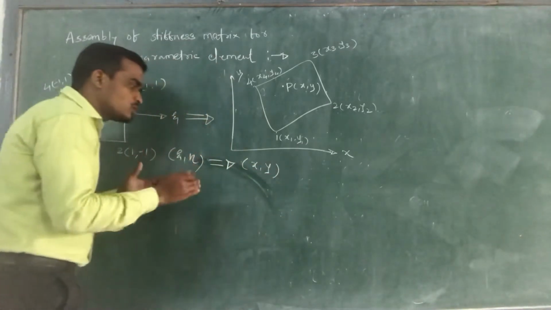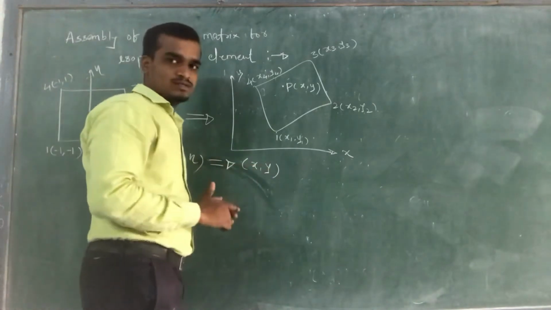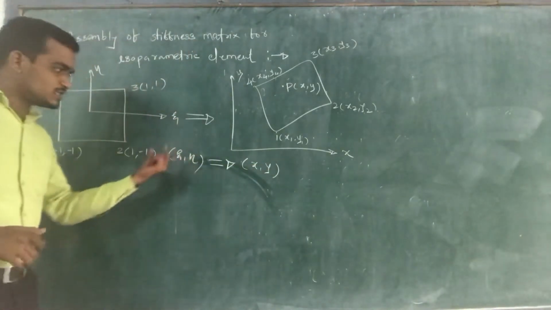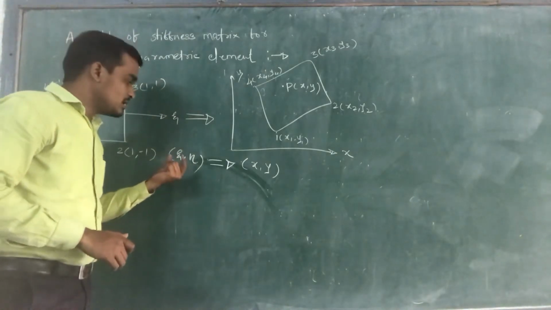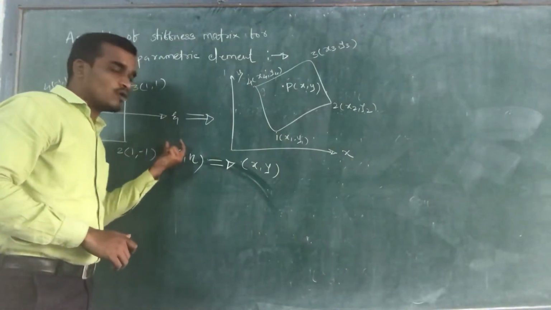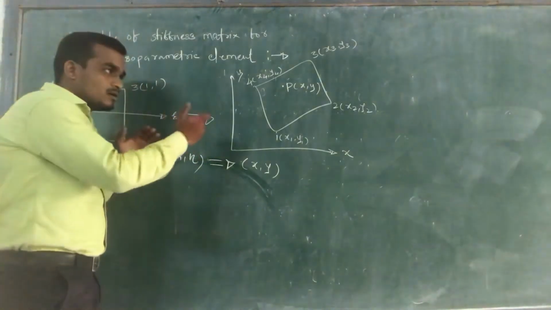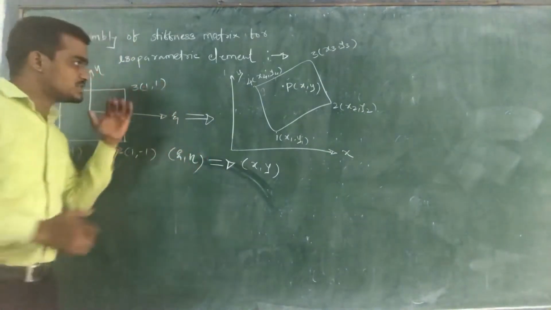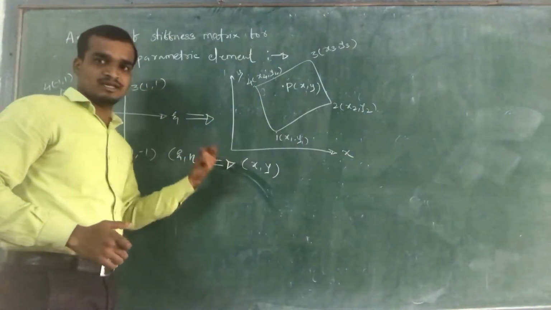Similarly, how to get zeta and eta if we know the x and y values. We have taken some examples related to this coordinate transformation. Now we will obtain the stiffness matrix for this isoparametric element in this lecture.